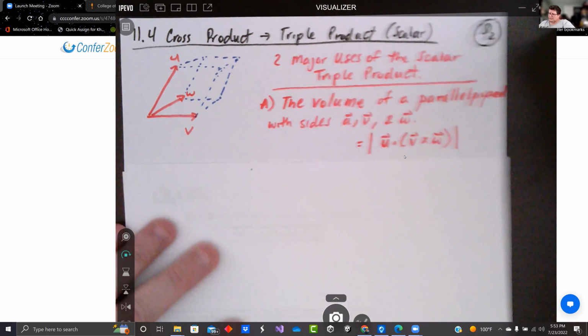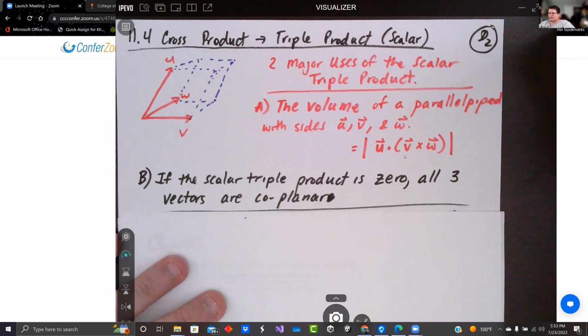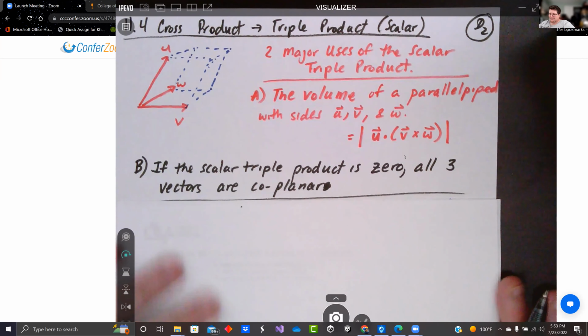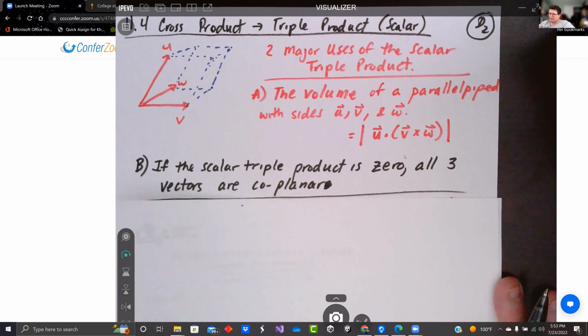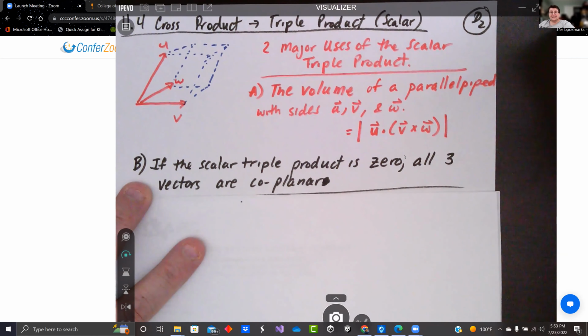Okay. The other use for it is if the scalar triple product is 0, all three vectors are coplanar. You're going to have a problem in the homework where you do the volume of the parallelepiped. I don't know that we really need to work one out here because we're going to do one with checking coplanarity.